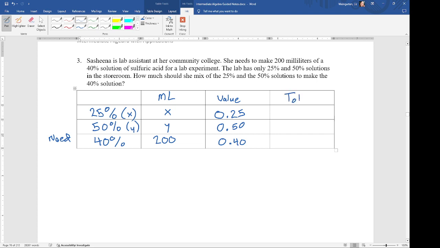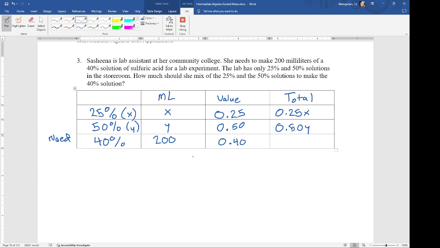Finally, we have our total column where we multiply across. So 0.25x, 0.5y, multiplying across 200 times 0.4.